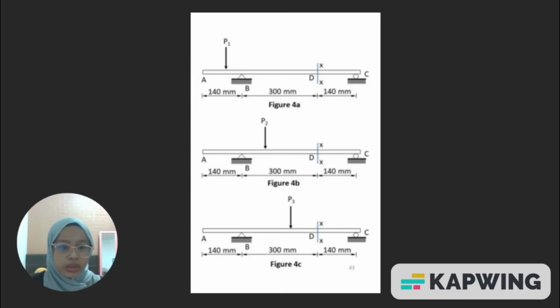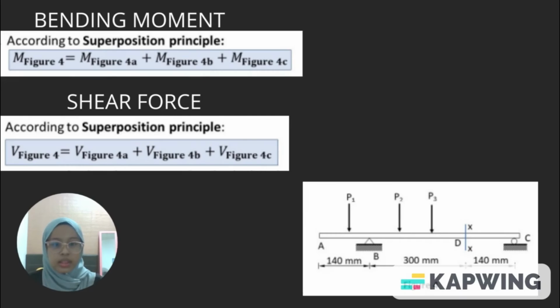So next, we calculate the shear force at point D for the 3 cases, and the bending moment at point D. According to the superposition principle for bending moment and shear force, the summation of the bending moment and shear force that we have calculated before is equal to the moment and the shear force according to the diagram of figure 4, which is the position of the load combined for the 3 cases in one diagram.